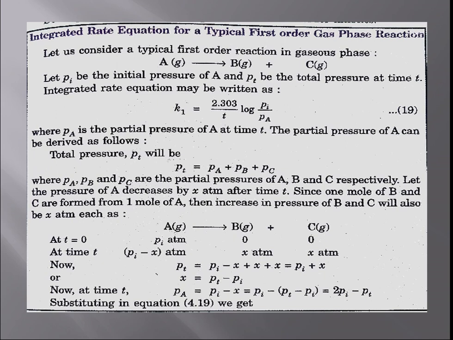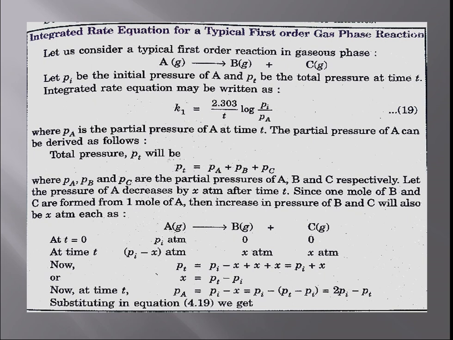Dalton's partial pressure law says that when we have a non-reacting mixture of different gases in a container, the total pressure imposed by the gaseous mixture on the wall of the container is the sum of the partial pressures of all the non-reacting gases.